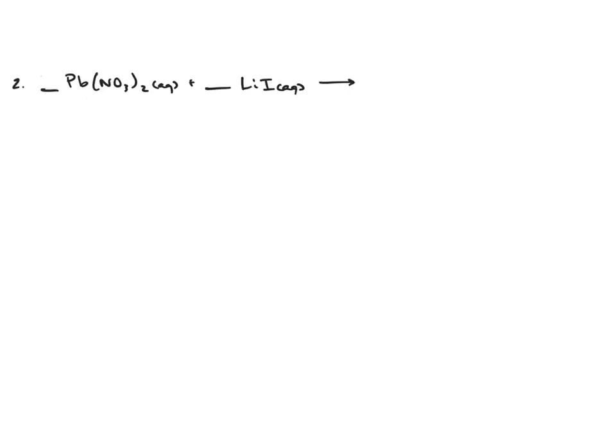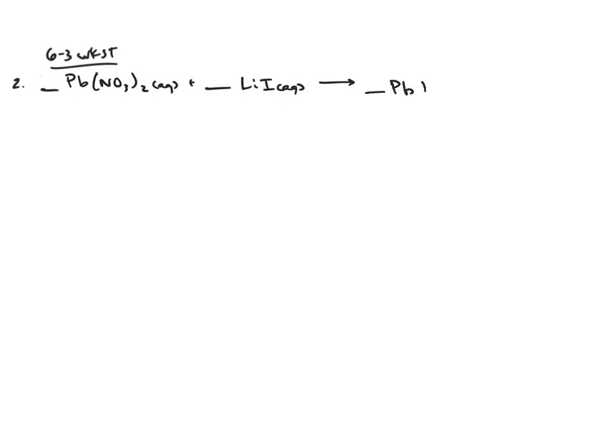Okay, so we're going to look at example number 2 off of the 6.3 worksheet. We've got aqueous lead 2 nitrate plus lithium iodide, and if I look at my questions here, it says, what are the possible products of the reaction? So the possible products, if I swap my lead and lithium ions, lead's a +2 charge, since it's bonded to 2 nitrates.